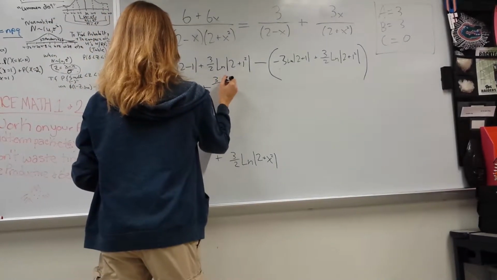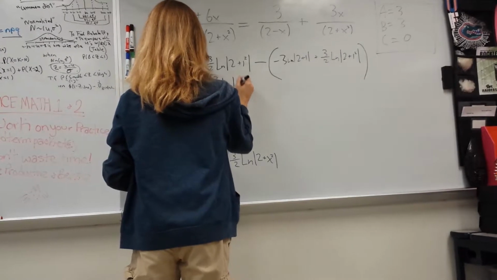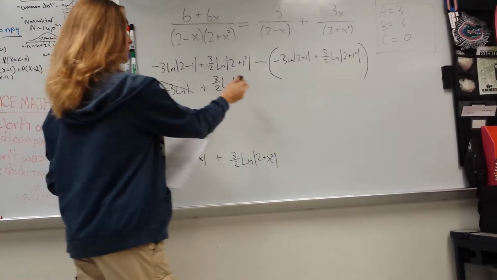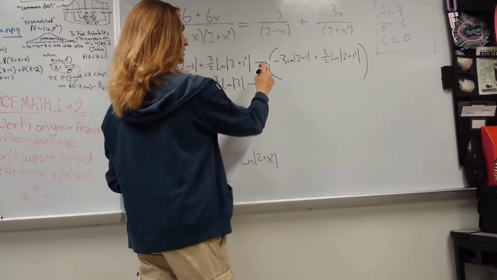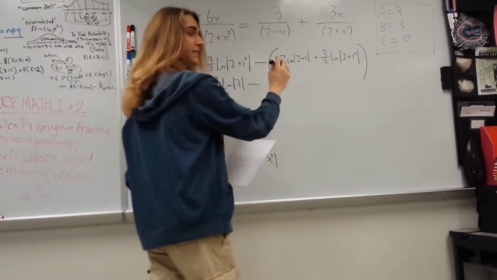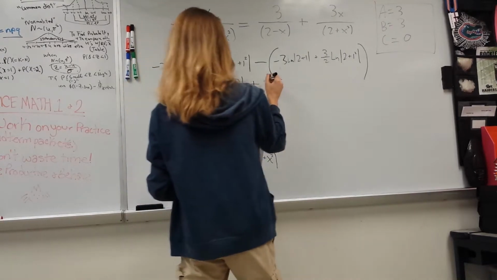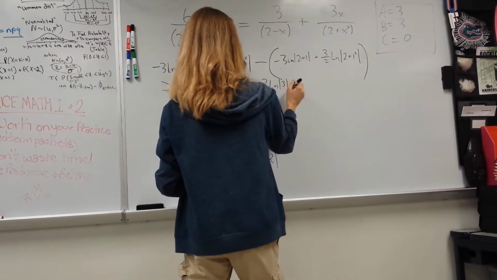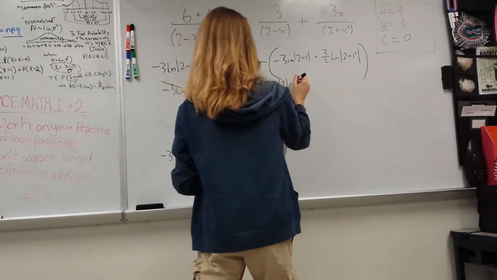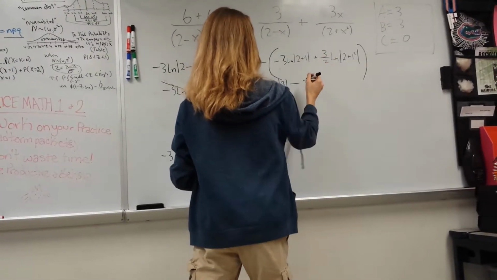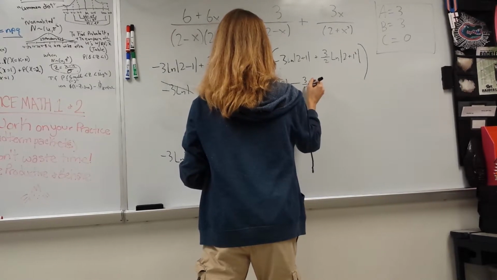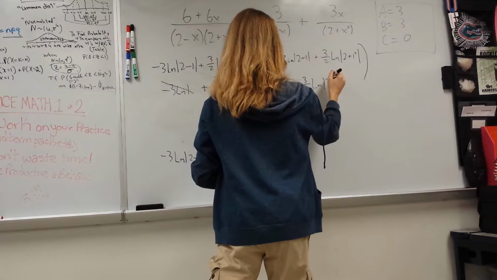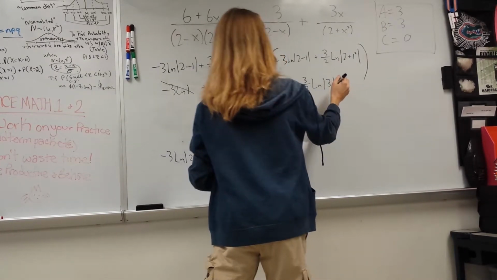Plus 3/2 ln of 3. Now we distribute the minus, so we make this plus 3 ln of 3, and then minus 3/2 ln of 3.